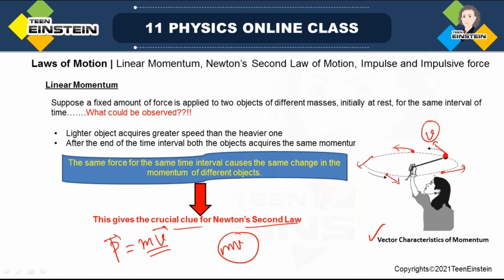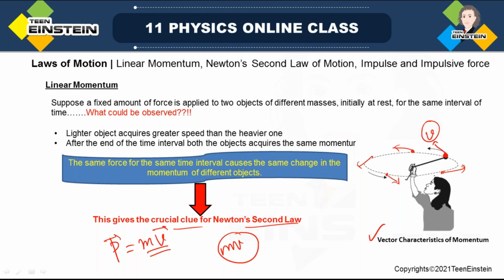So if there is a change in the linear momentum, that means a change in the momentum. That's why you need to apply a certain force to keep this stone in a circular path.